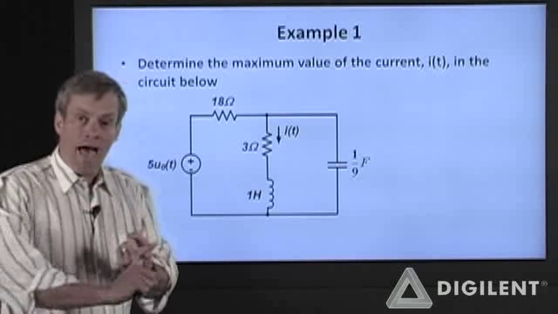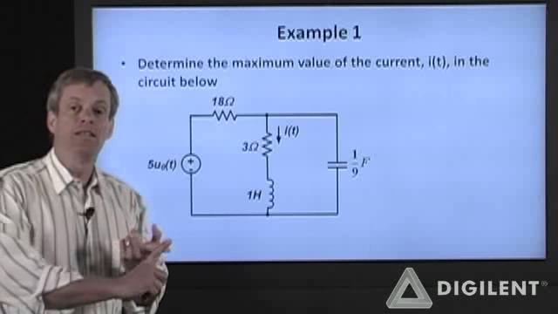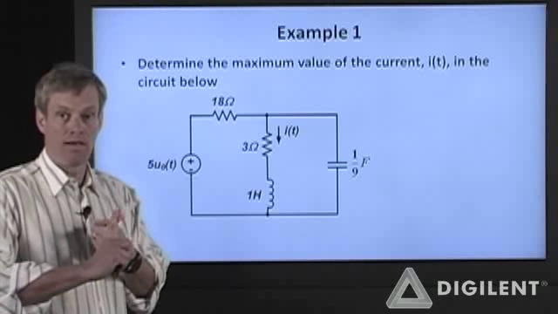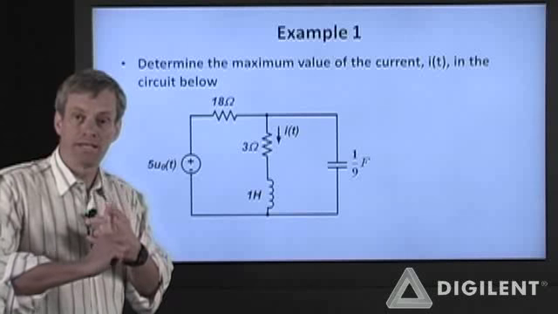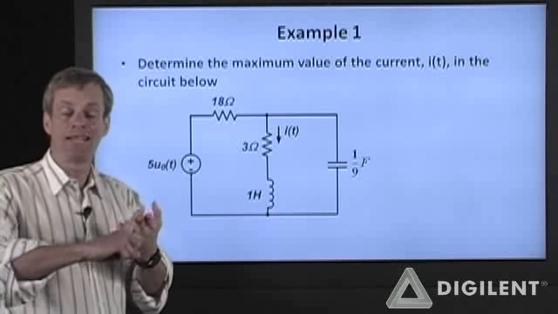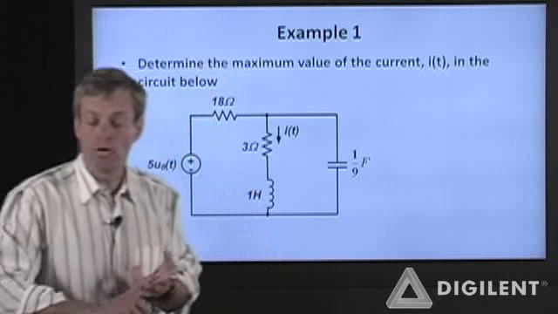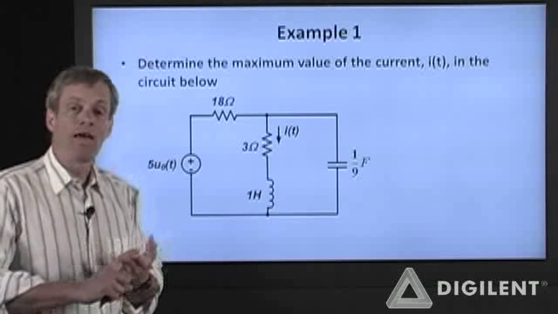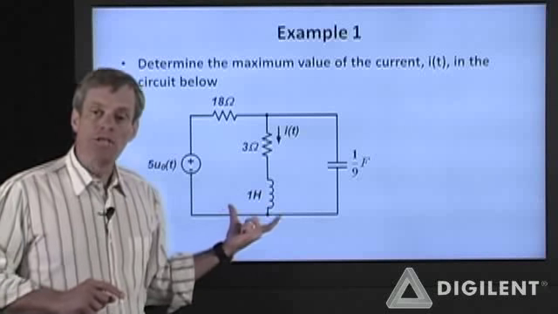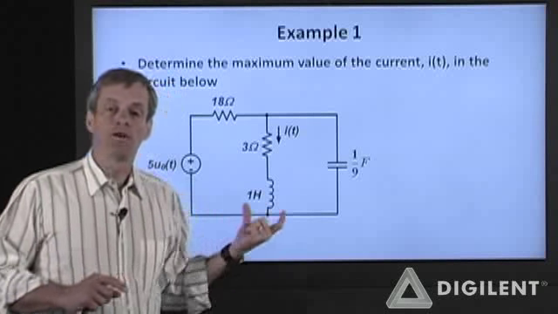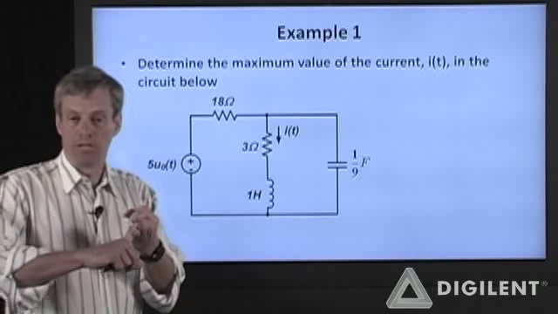In order to do that, okay, if I don't want to solve the governing differential equation, I'm going to need the overshoot. Okay? The overshoot, M sub p, is based on a normalized steady state response, so I'm going to need the steady state response and the overshoot in order to find the maximum value of I of t. Okay? So what we're going to do is write the governing differential equation. From the governing differential equation and the coefficients, we'll estimate the damping ratio and the natural frequency.